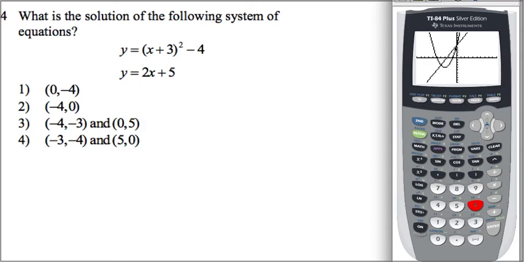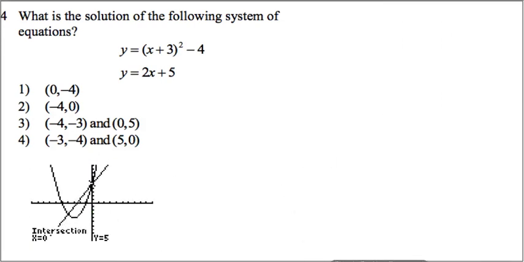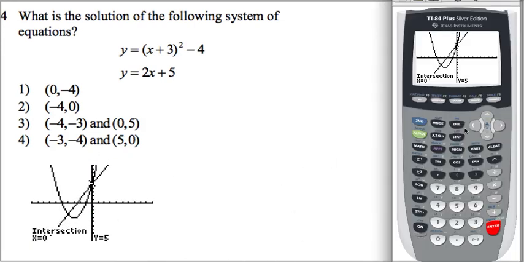Then use the 2 points of intersection. So how are we going to get that? By second calc. Then we get to find the intersection, number 5 here. First curve, second curve, guess. Alright, (0, 5) would have been one of our answers. And the other one can be done in the same way, number 5, first curve, second curve.